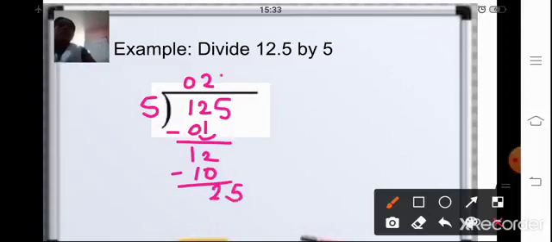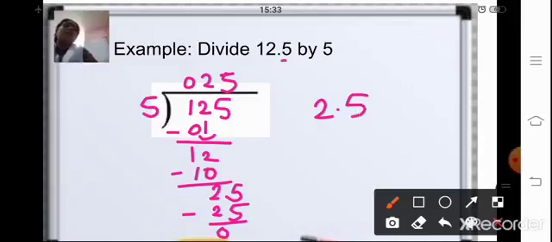Then 5 here. 5 5s are 25. Now you can put the decimal point. Your answer is 2.5. That is, after counting one digit from the right hand side, you put the decimal point. So your final answer is 2.5.